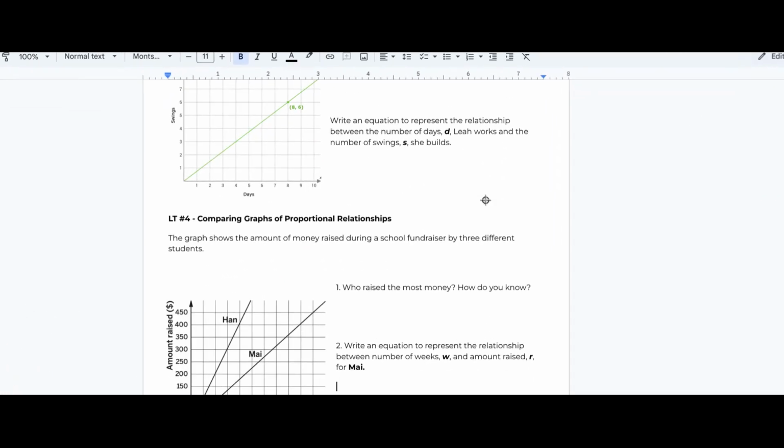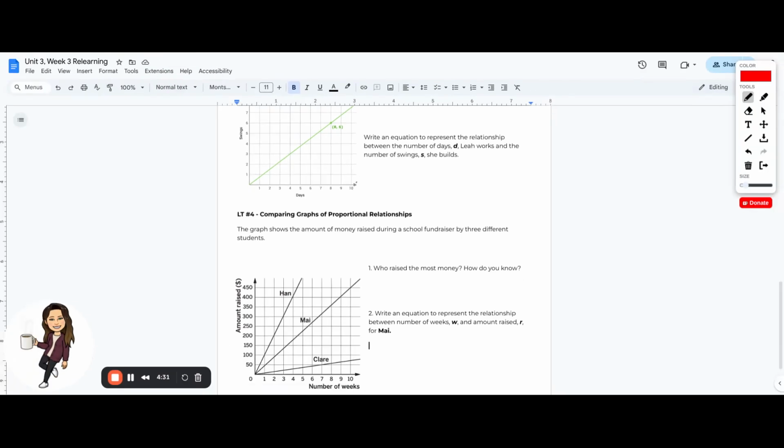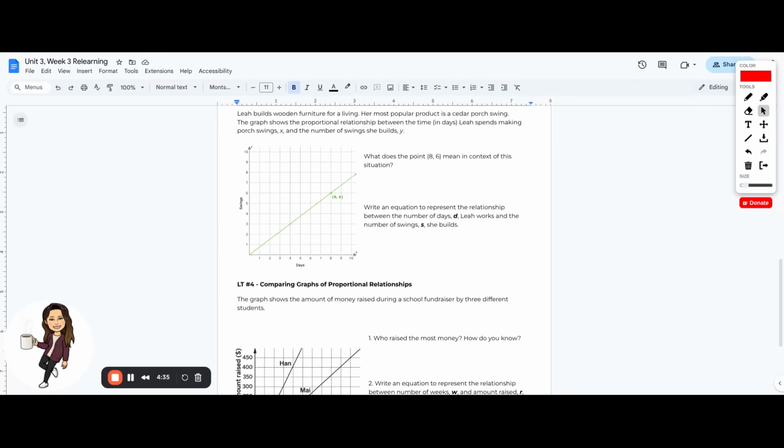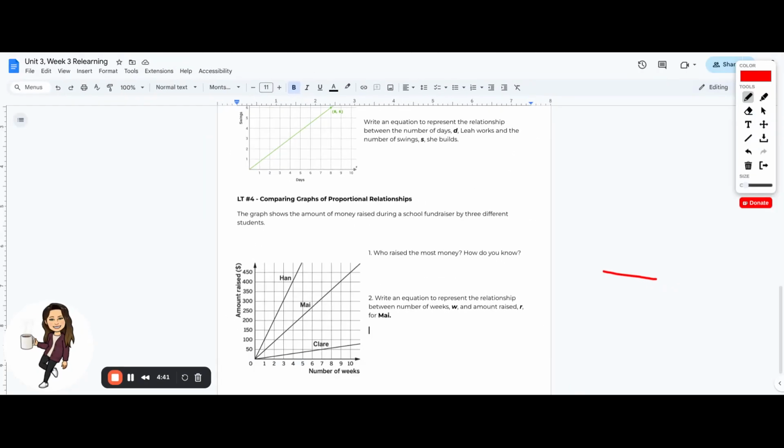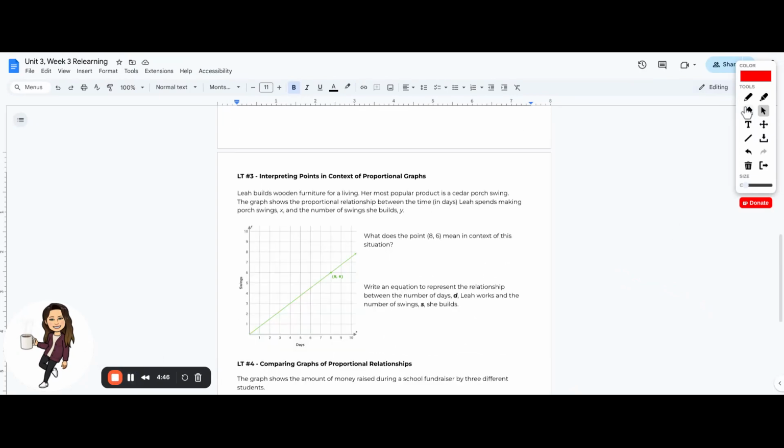Leah builds wooden furniture for a living. This is not doing what I want it to do. Okay, for some reason it's not letting me zoom in here, so I apologize for that.